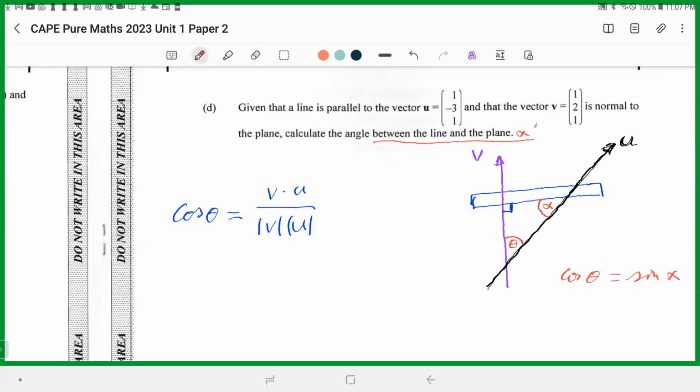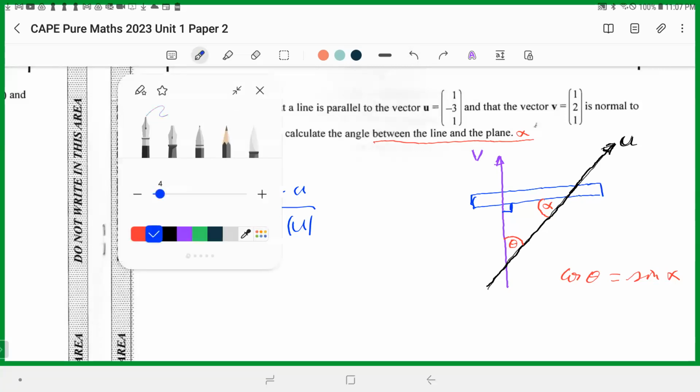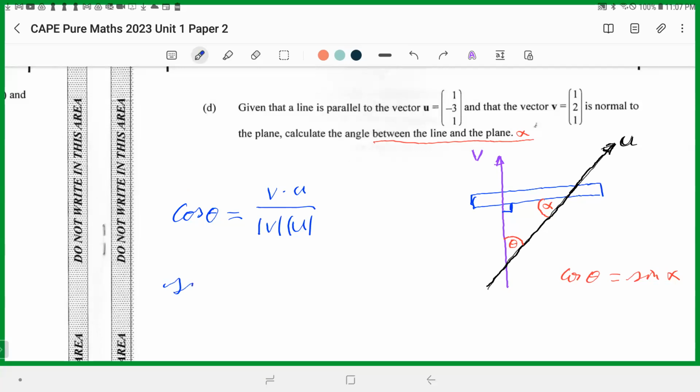It's really alpha we want. Since I put cos of theta here, you can just put sine of alpha here. That's the same thing. That will be equal to v dot u over the modulus of v times the modulus of u. And we just need to solve this for alpha.